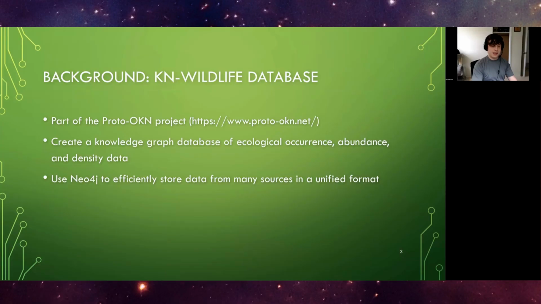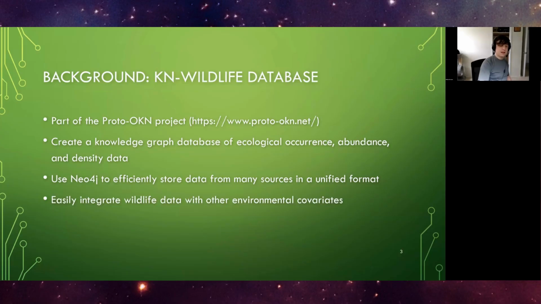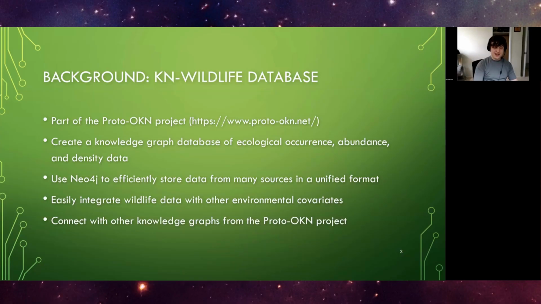We build the database on Neo4j, which is a graph database framework, which allows us to efficiently store large amounts of data in a unified format. Part of this project is also allowing users to easily integrate these data with other environmental covariates. And we also want to connect this database and integrate with other projects from the Proto-OKN initiative.